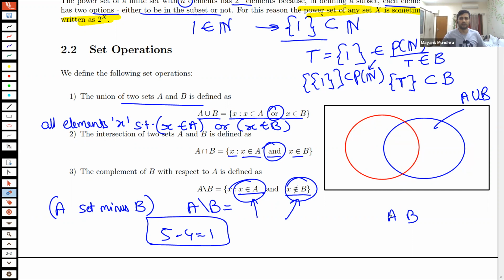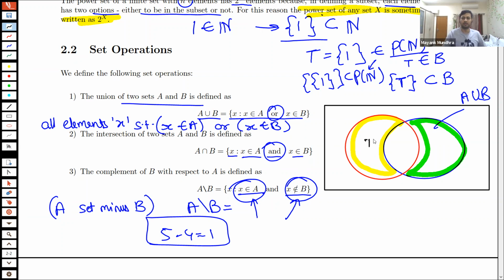What does this set look like in set theory? For your benefit, let me call this region 1, this middle part region 2, and the right part region 3. So these are my 3 regions.